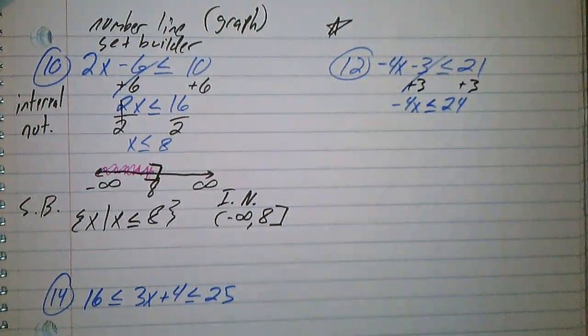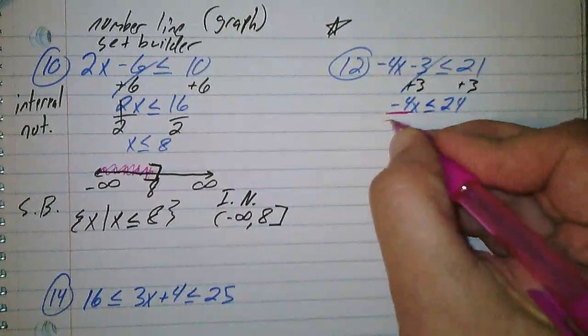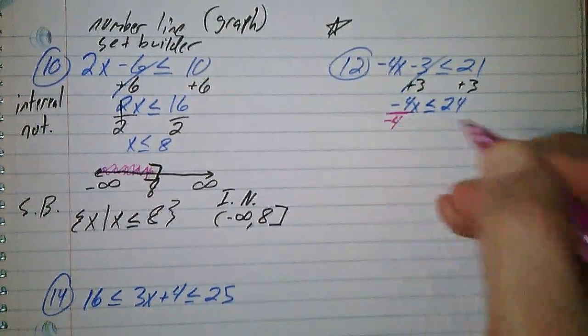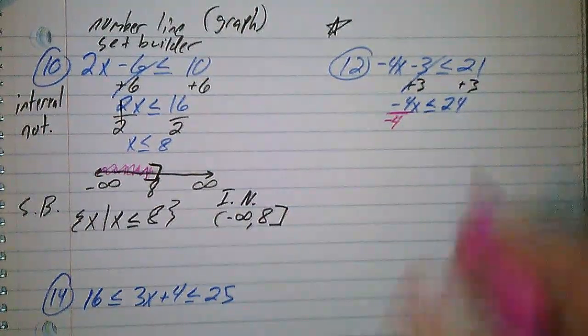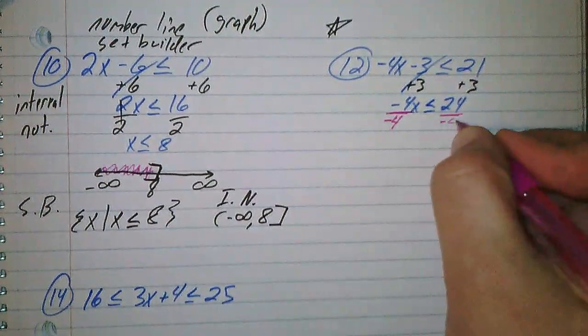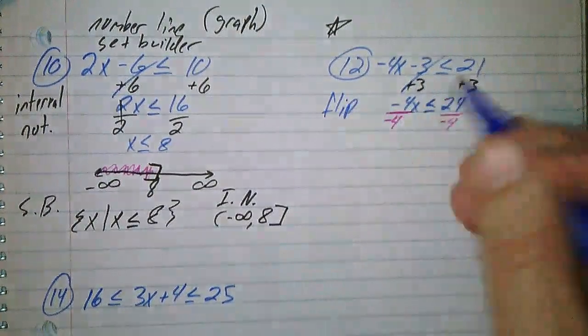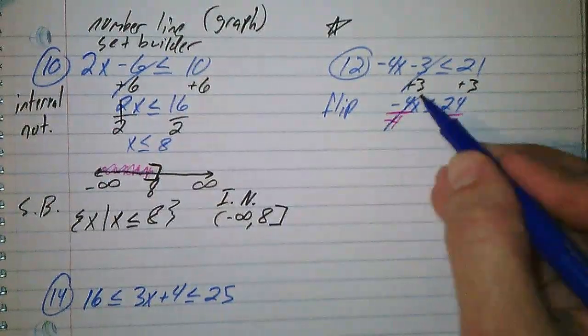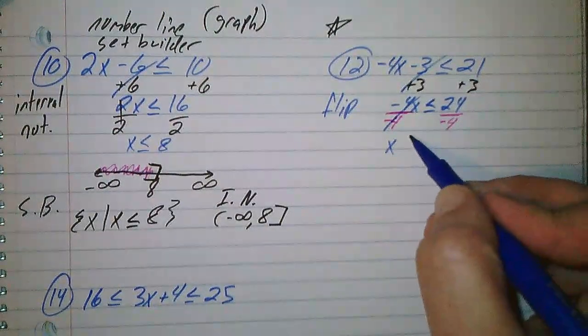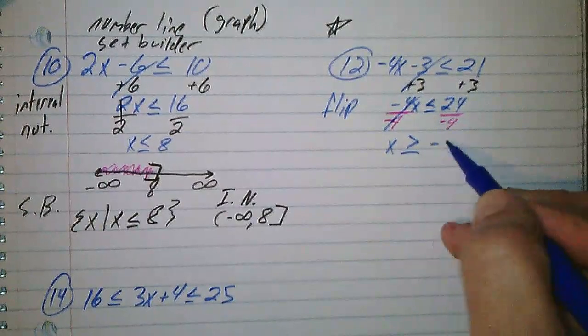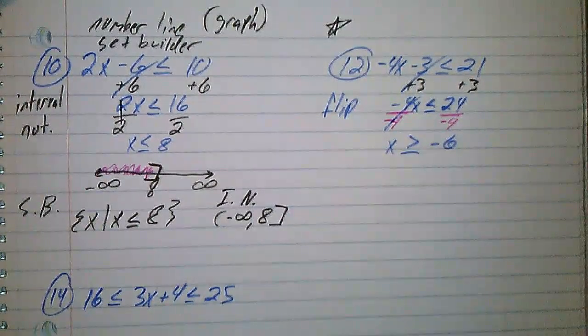But I am now dividing out a negative. If the coefficient you divide out in an inequality is negative, we flip the sign. So the negative 4's cancel. We have x. We now flip the sign, and that's negative 6 on the right.